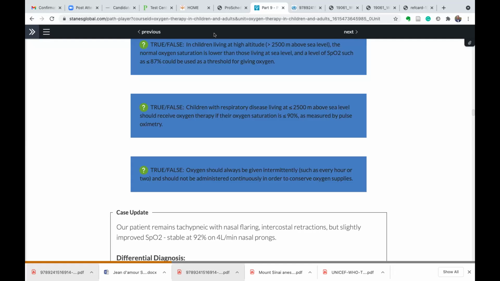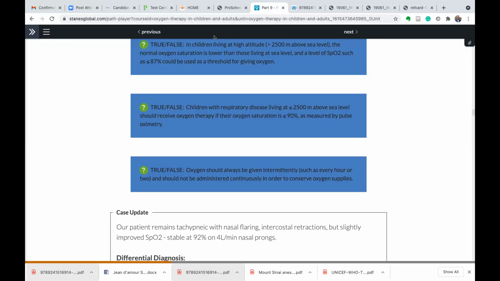COPD is chronic obstructive pulmonary disease, mostly common in adults, mainly smokers or people who have chronic long-standing asthma or other disease where they have difficulty eliminating CO2.